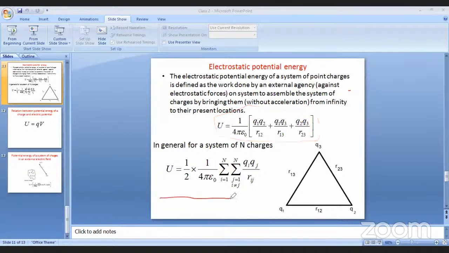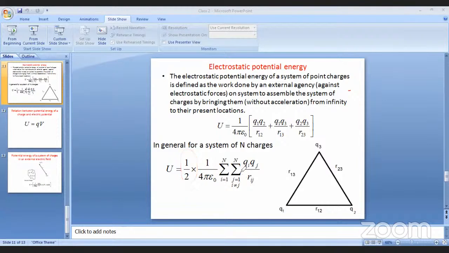When you have a system of n charges, you can take this general formula: 1 by 2 into 1 by 4 pi epsilon naught and a double summation. Since you are taking a double summation, there is every possibility of taking the same pair twice. When you take the first charge and second charge, you will later take the same pair again, so the summation is divided by 2.